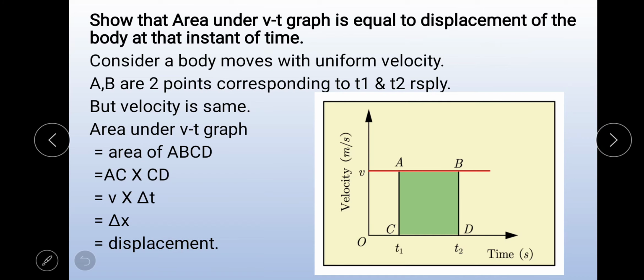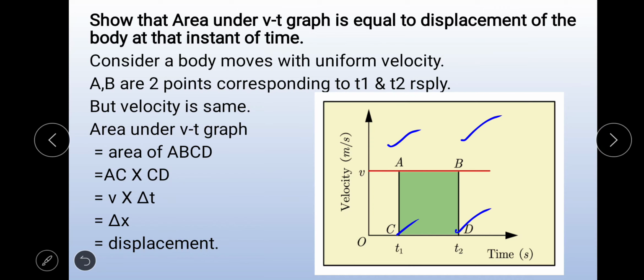Here A and B are 2 points corresponding to time t1 and t2 respectively. Here the velocity is constant, or uniform.